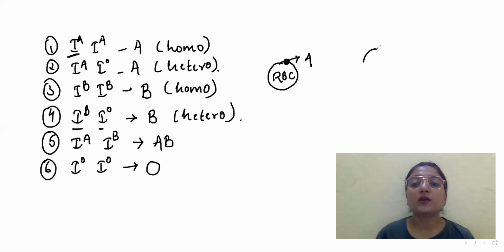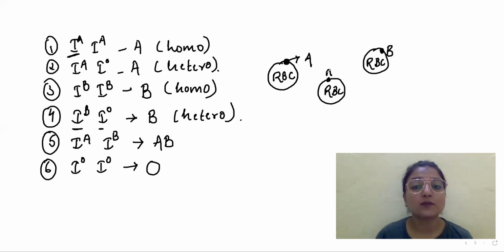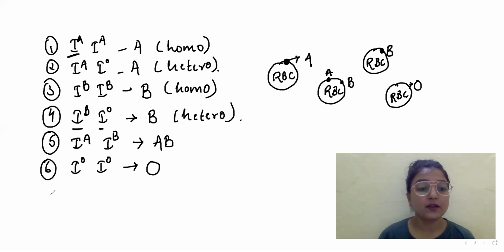If the person's blood group is B, then on the surface of the RBC the antigen will be B. It can be homo, it can be hetero, that is a different thing. If a person's blood group is AB, both A and B antigens are present, and the absence of any antigen gives the O blood group, right? So persons having O blood group do not have any antigen on them, right?